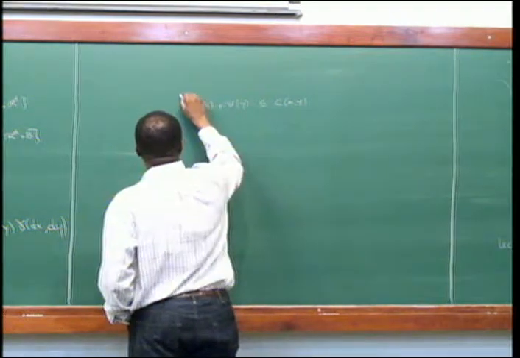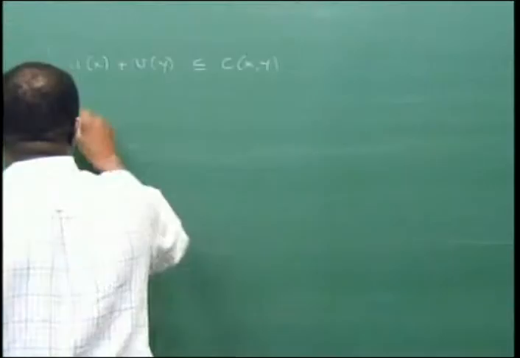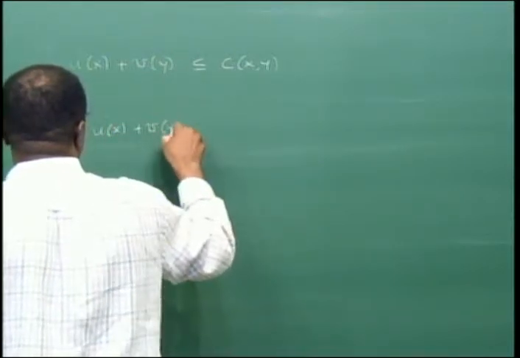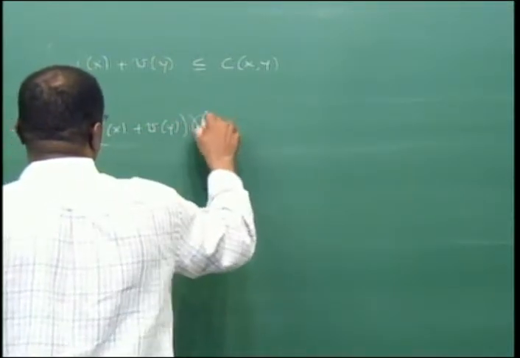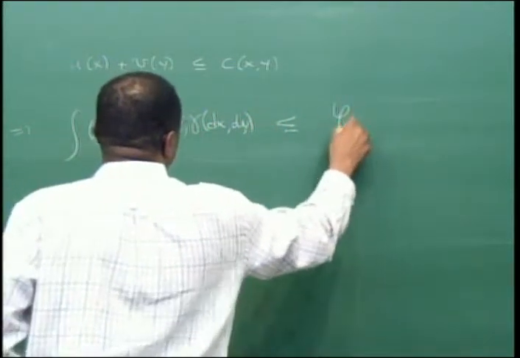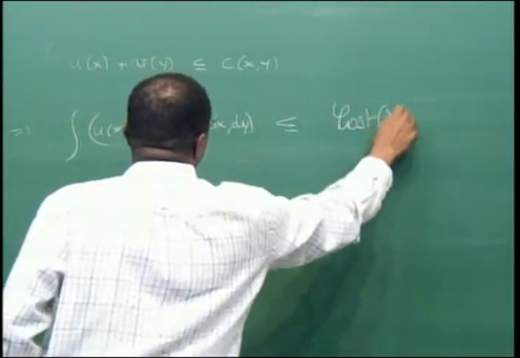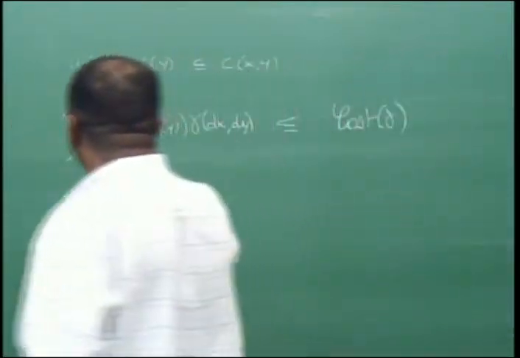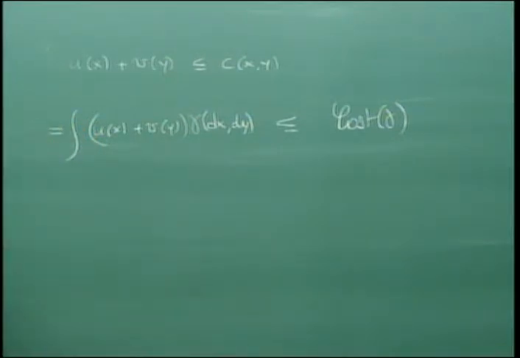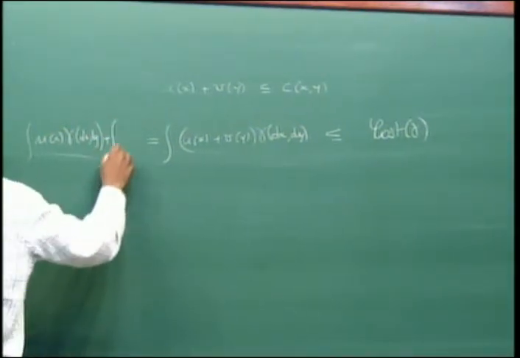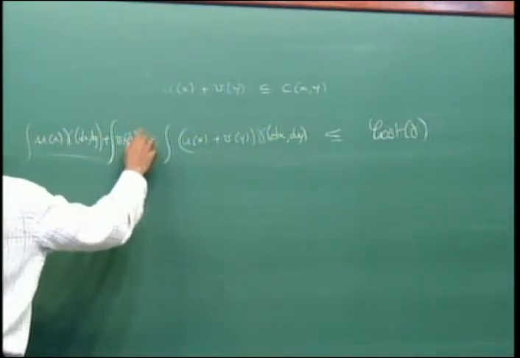If this is true, I integrate over gamma. Now I break the integral into two integrals. This is the integral of U of x, gamma dx, dy, plus the integral of V of y, gamma.